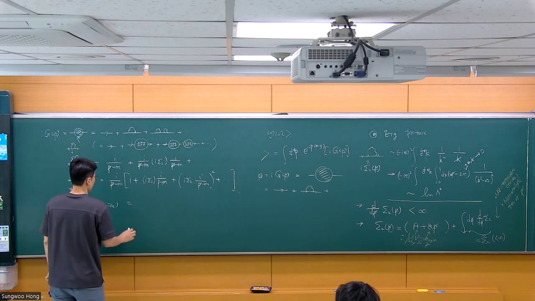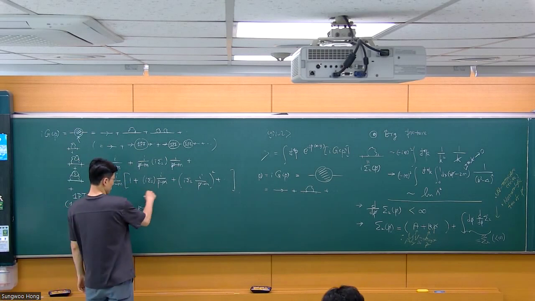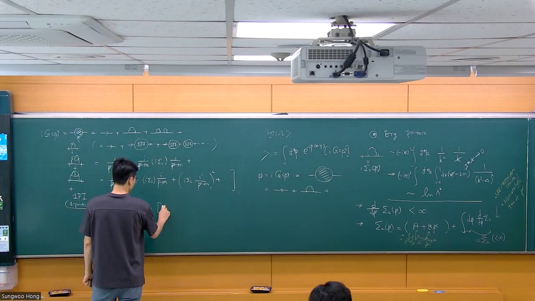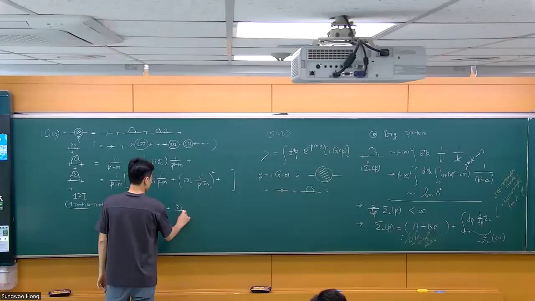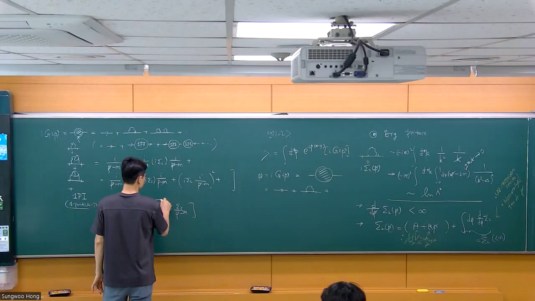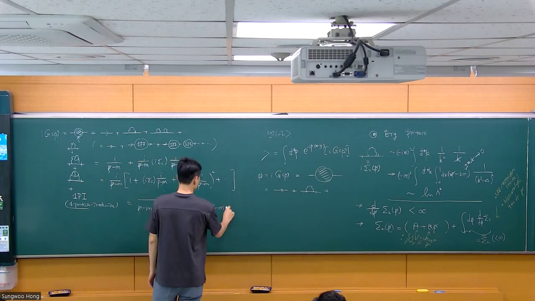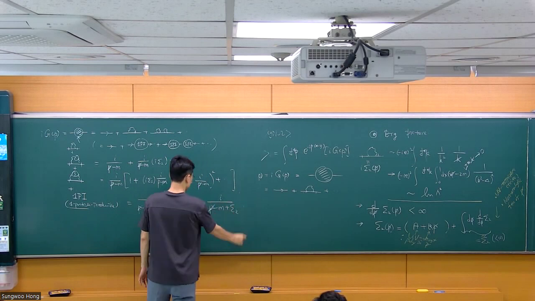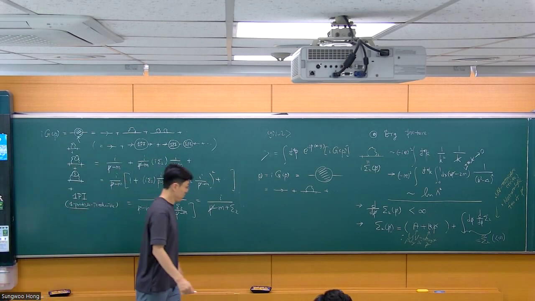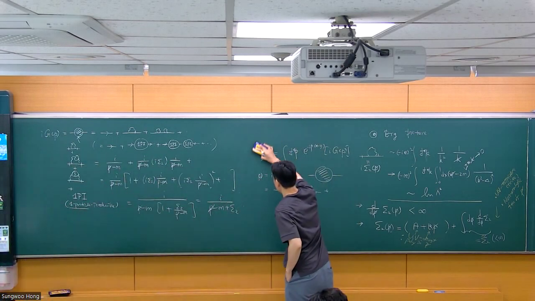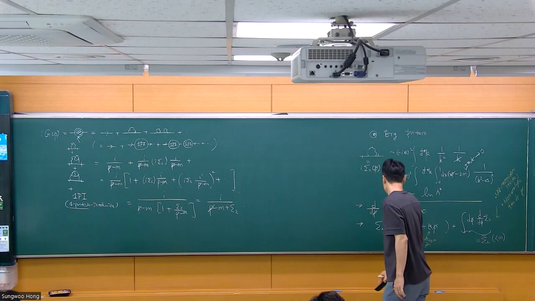If you do it, what you get is 1 over p-slash minus M times 1 over 1 minus X, where X is this geometric ratio. So this becomes 1 over p-slash minus M plus sigma 2. This is the resummed propagator.